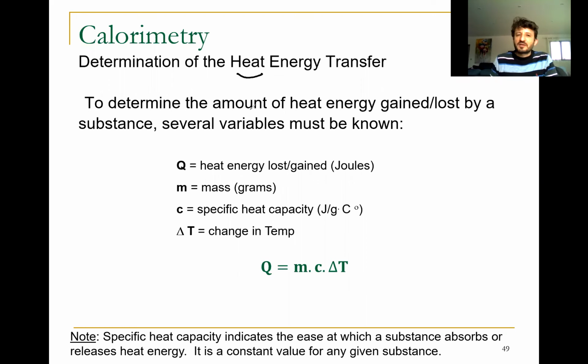To determine the amount of heat gained or lost by any medium, we calculate Q equals m c delta T. Q is the heat energy lost or gained, m is the mass of the medium, C is the specific heat capacity, and delta T is the change in temperature.